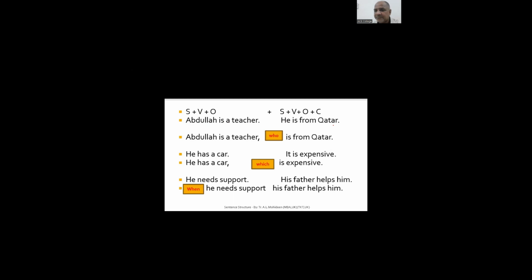"He is from Qatar." Okay, these two sentences can be joined with the support of who. So if you are going to use who, you have to remove he, remove this, and then you introduce who with this sentence: "Abdullah is a teacher and who is from Qatar."